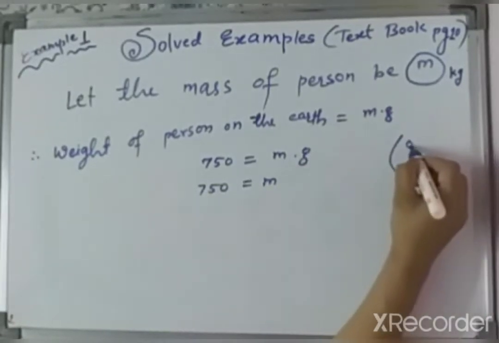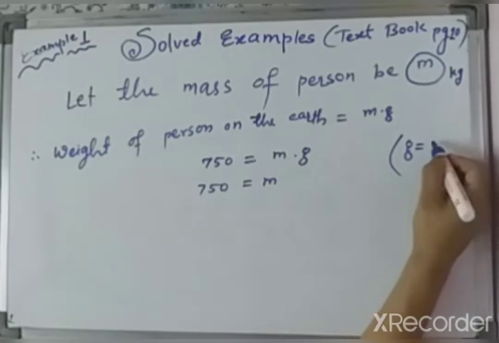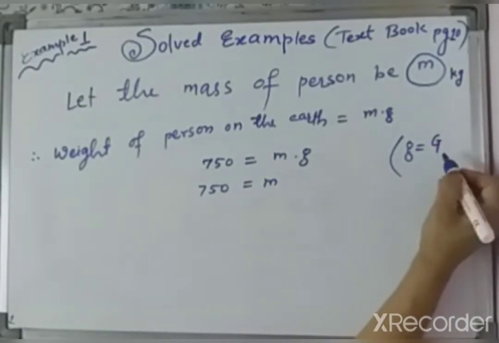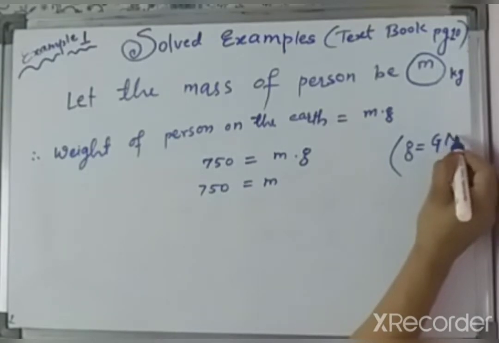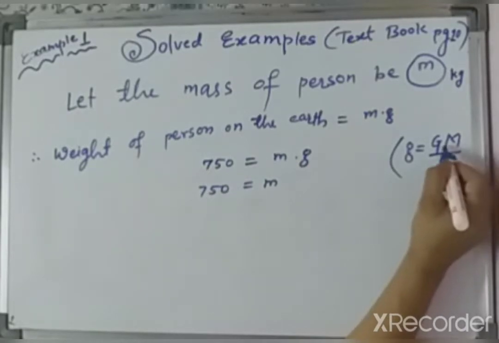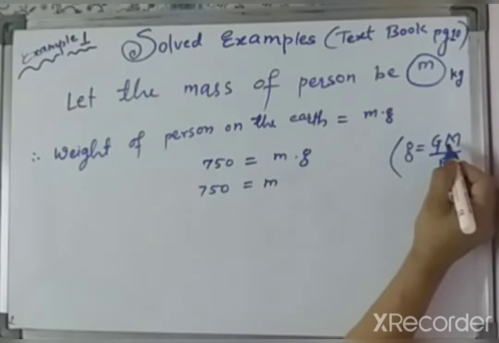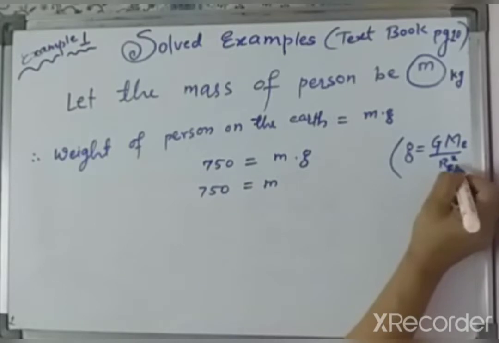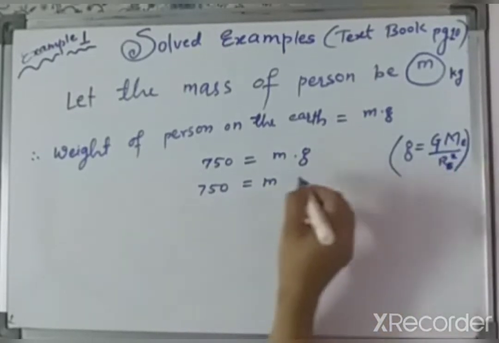Yesterday we derived the expression for g. g is equal to the universal gravitational constant into the mass of the planet upon the radius square of that planet. Here we are talking about earth, so we will take the mass of earth and radius of earth and substitute in this expression.